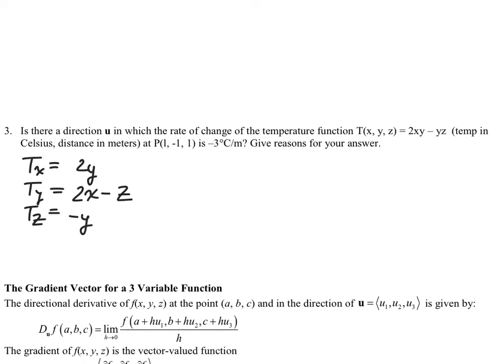Now they give us a coordinate, and that's all well and good, but let me start the process of defining my vector valued function. All right, so t prime, my derivative, is the vector valued function 2y, 2x minus z, negative y. All right, worry about the coordinates in a sec.